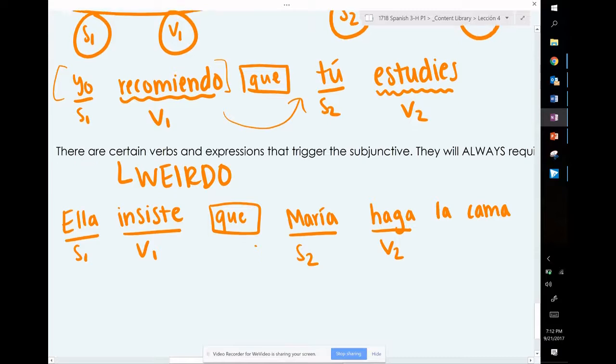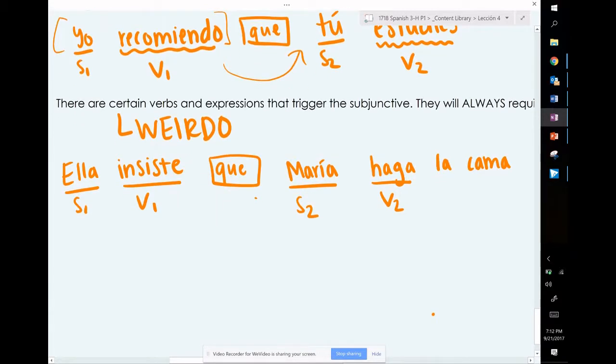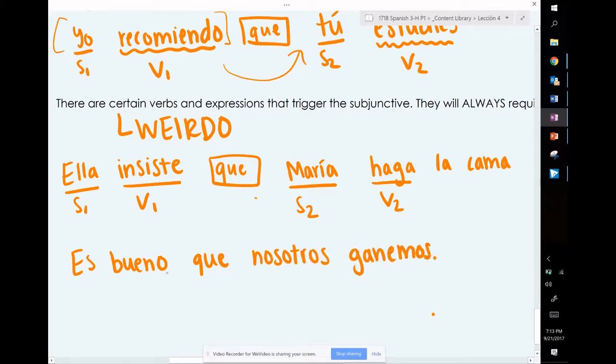There are also something called impersonal expressions. Those would be expressions like es bueno que, es malo que, es importante, es urgente, es necesario que. If you see an expression like that, that's what the I in weirdo stands for, impersonal expression. You have to use the subjunctive with them. So if I have something like "es bueno que nosotros ganemos," it's important that we win, okay?